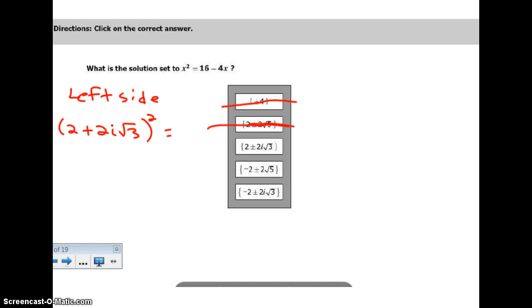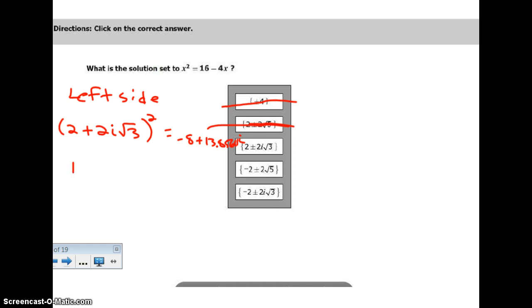Type that in and see what decimal you get. So you get something like negative 8 plus 13.8564, and then there's an i at the end. So it goes on for a while and then it ends with an i.